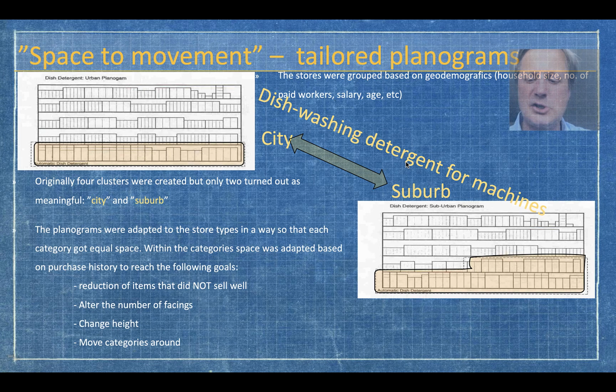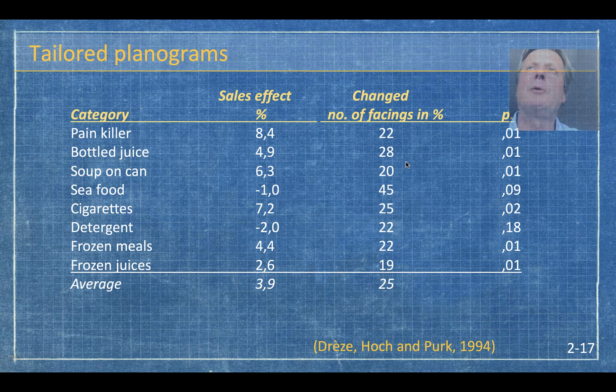So they did adjustments like this, and they found some results. They weren't too happy about the results. They didn't think they really found good or strong effects of adapting the planograms to the audience, the target market, or the segment.